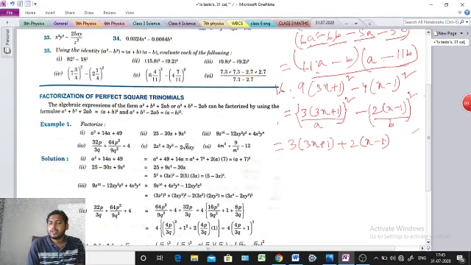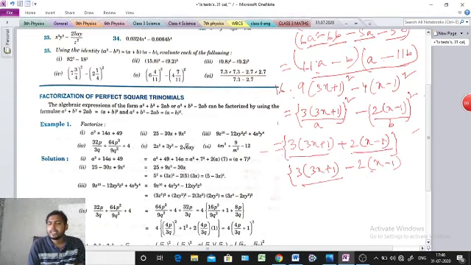In the second bracket we write 3 into 3x plus 1 minus 2 into x minus 1. Here first is a plus b and here a minus b. Clear, everyone?